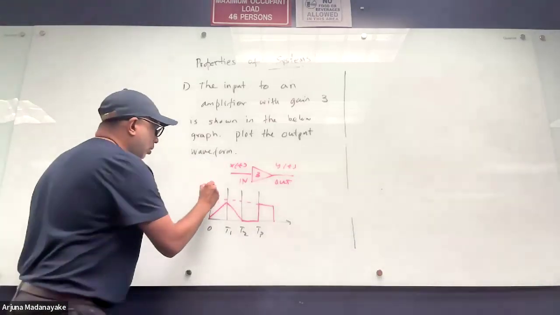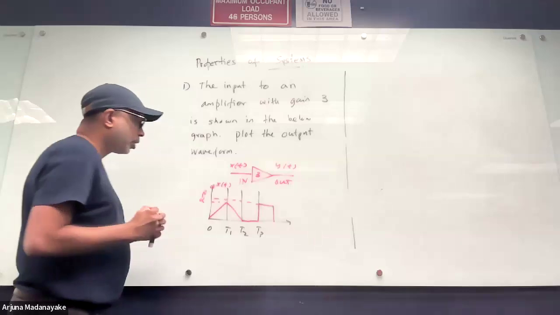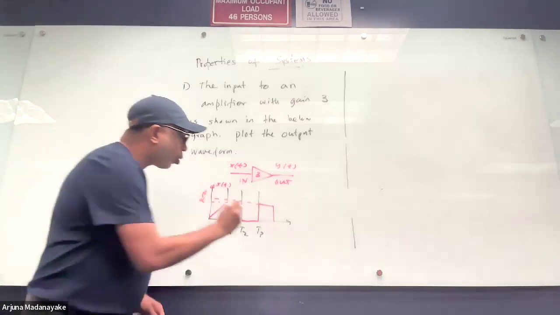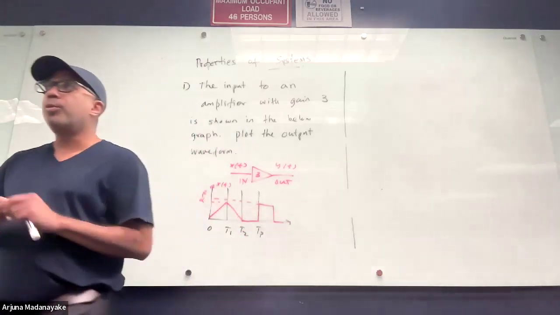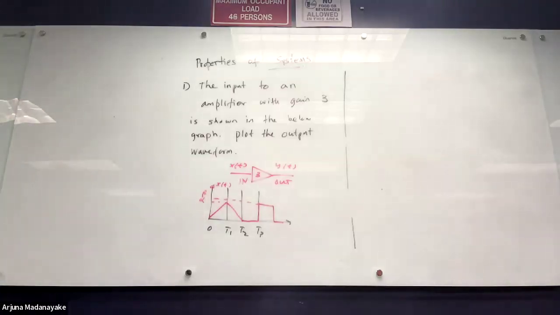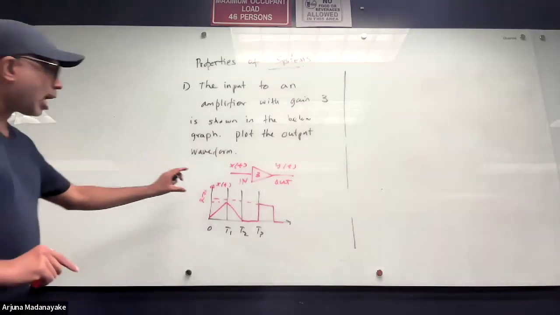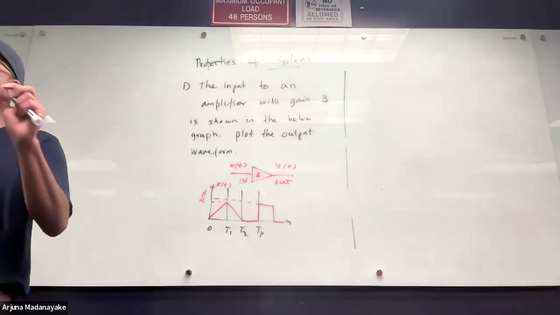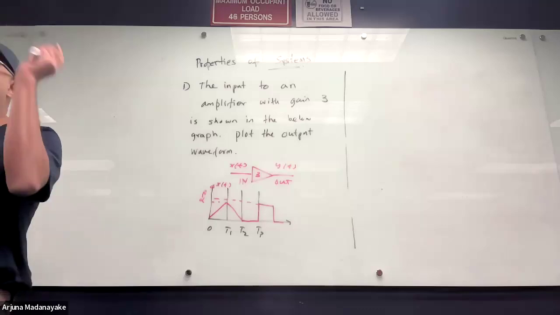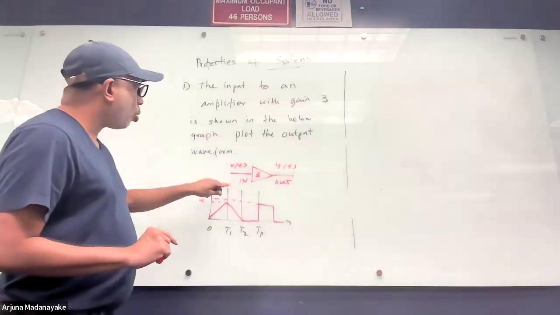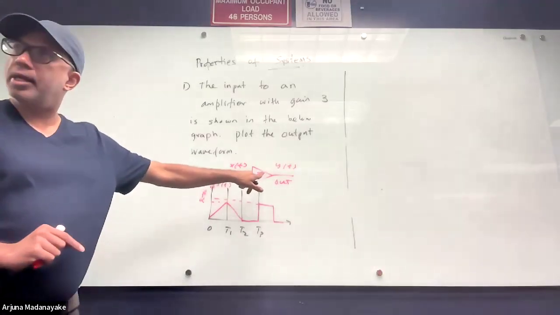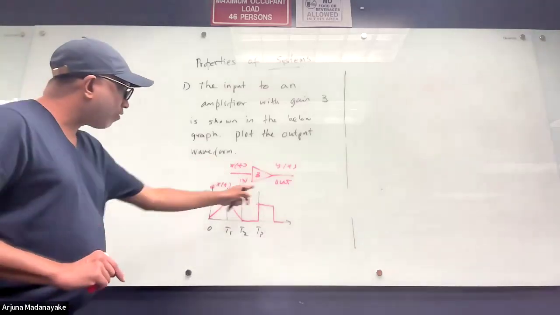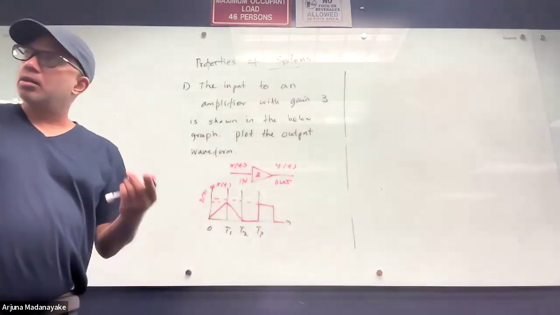This is my input x of t. So this is my waveform going in. I'm asking you to plot or sketch the waveform that's coming out. So the only thing that the amplifier is going to do is scale the input by A, right? So if you know the input is x, the output is A times x. So in this case, we know gain is 3, right? So this whole waveform is going to be scaled by 3.